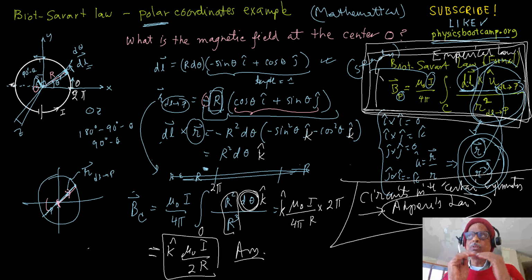It's almost like what you did in electrostatics, right? When you have certain symmetry, you go to Gauss's law before you do the integrals. And here is almost a parallel situation.